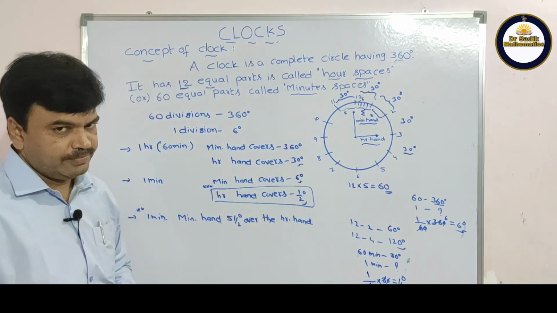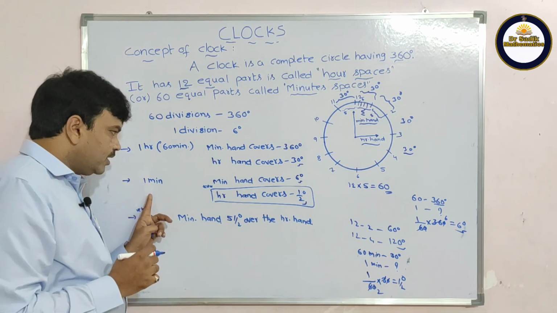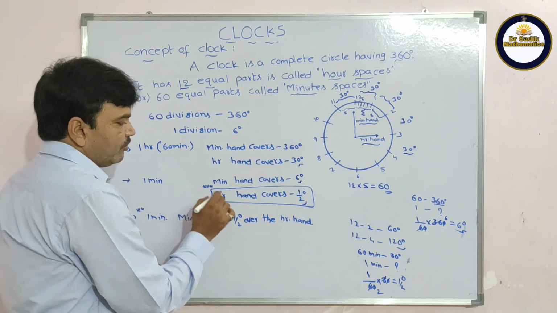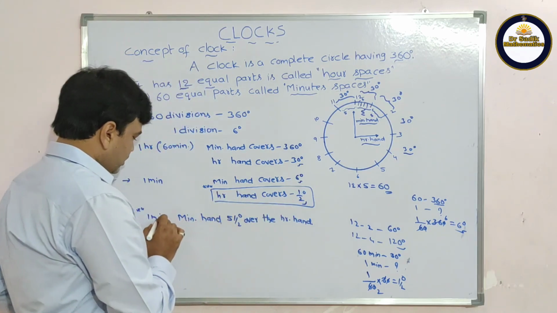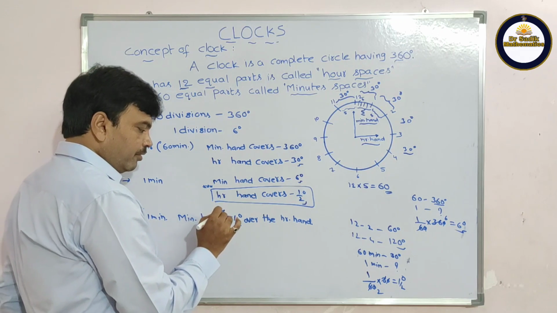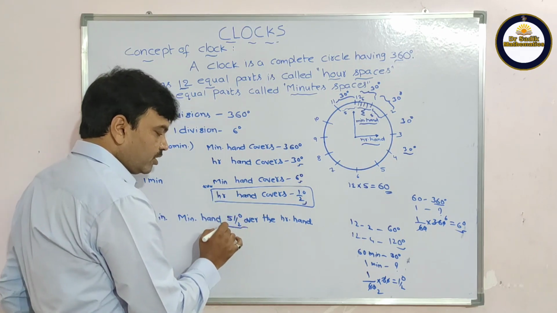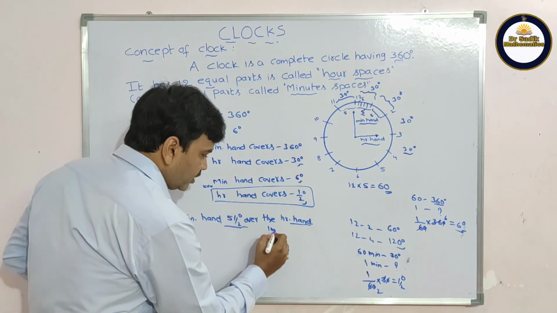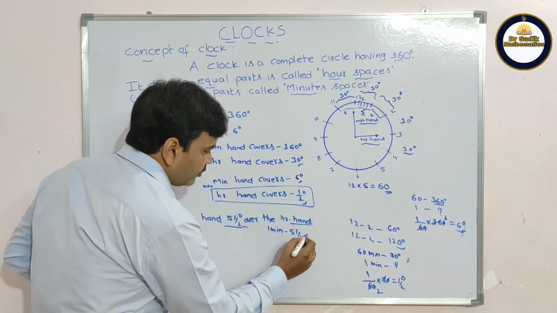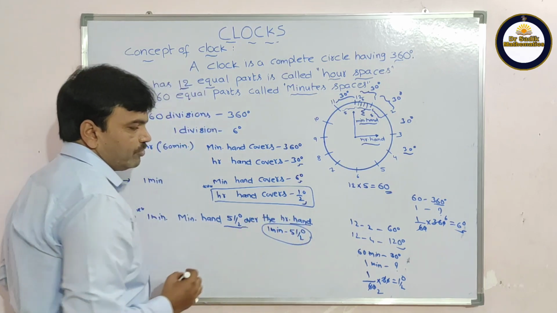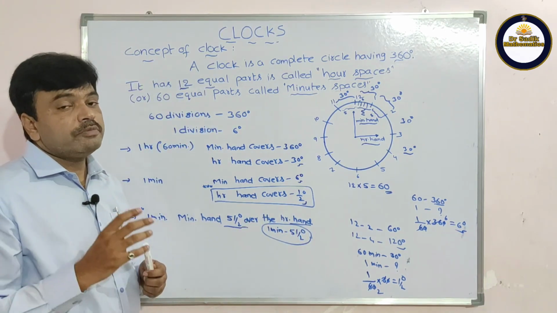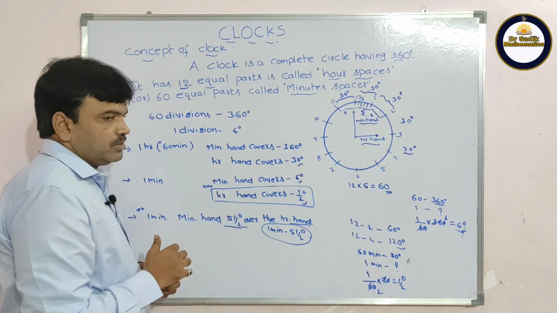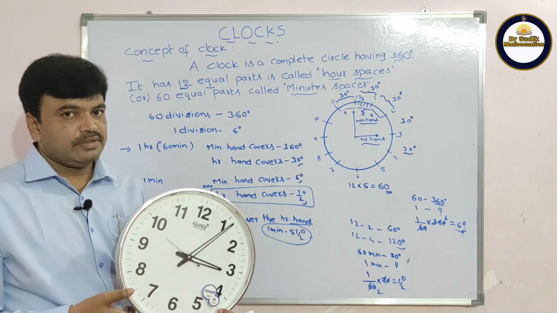Now in 1 minute, the minute hand covers 6 degrees, the hour hand covers half degree. In 1 minute, the minute hand is 5.5 degrees over the hour hand. This is very important, friends, because we are solving so many problems by using these two conditions, or these two formulas. Let us see some examples.